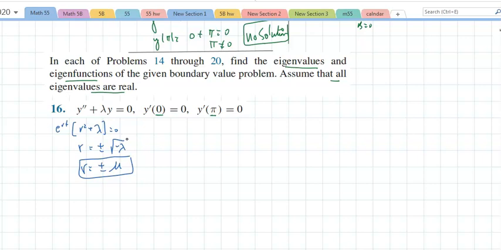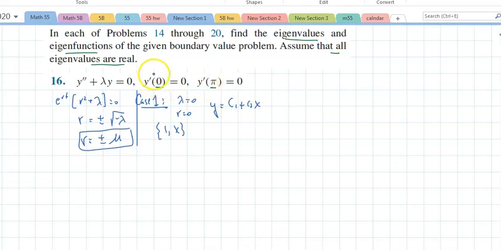Let me get the first case out, and that's the simplest. First case, case 1. If I say lambda equals 0, what do you notice? I know that in this case, r equals 0. That means e to the 0 times x, which indicates that y equals c sub 1 plus c sub 2 x. Now, I need a derivative. If I take y prime, that would be c sub 2 equaling 0.